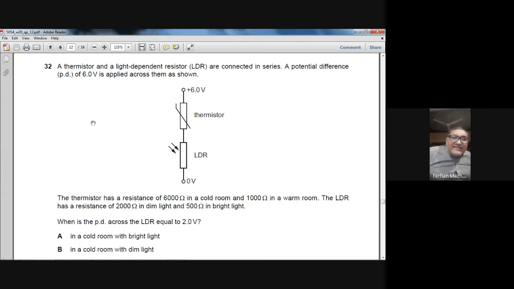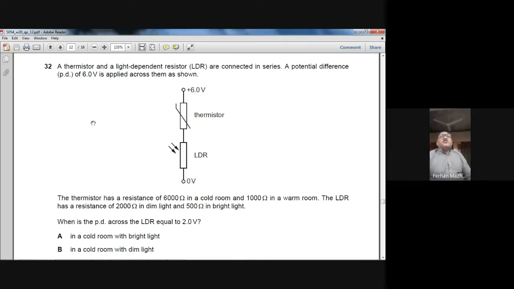The LDR has a resistance of 2,000 ohm in dim light, and 500 ohm in bright light. So 2 resistances of the same LDR are given. If there is light, the resistance will be 500 ohm. If there is darkness, or dim light, it will be 2,000 ohm.